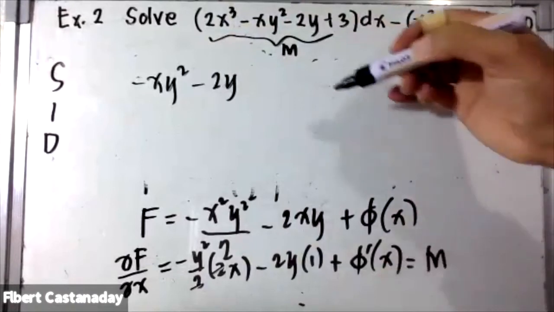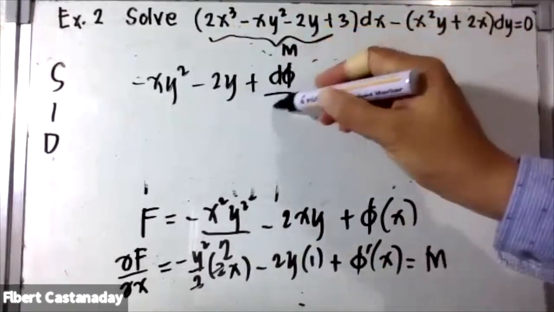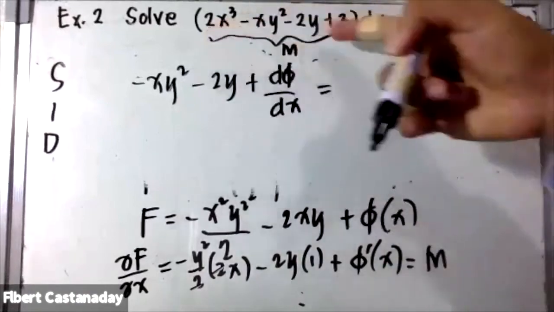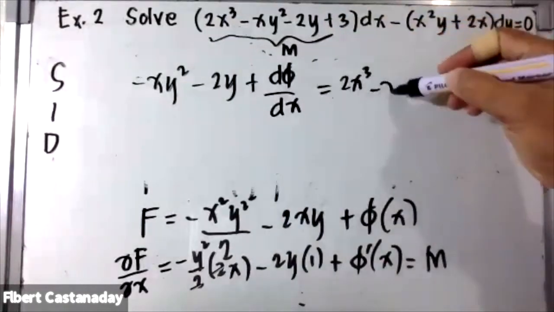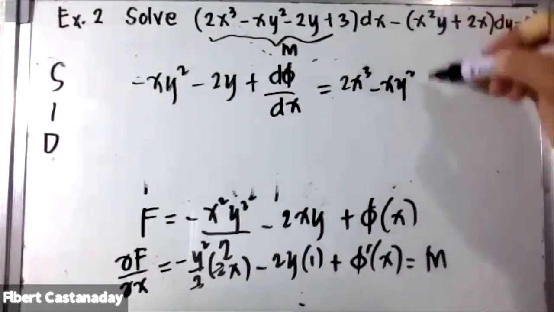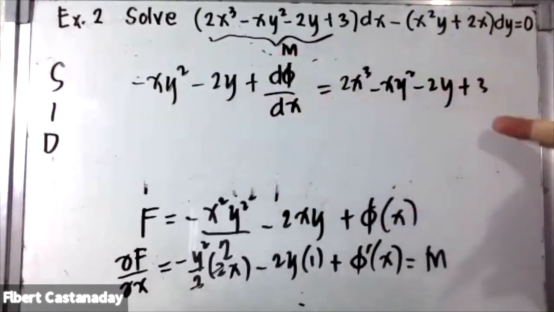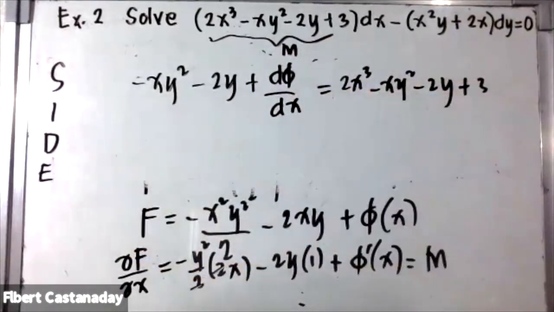This phi prime of x is equivalent to d phi with respect to x. And then the value of our m, we copy this one, so it's 2x cubed minus xy squared minus 2y plus 3.